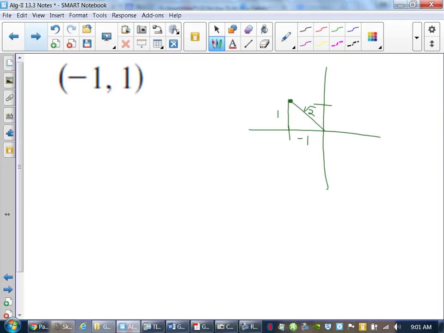Right. So if you go through the whole thing, you go cosine. Well, will cosine be positive or negative in the second quadrant? It's negative, because what's your x value? It's negative.